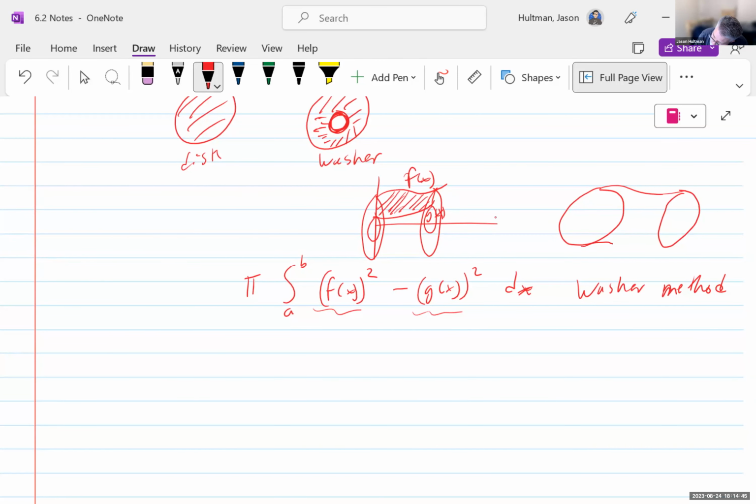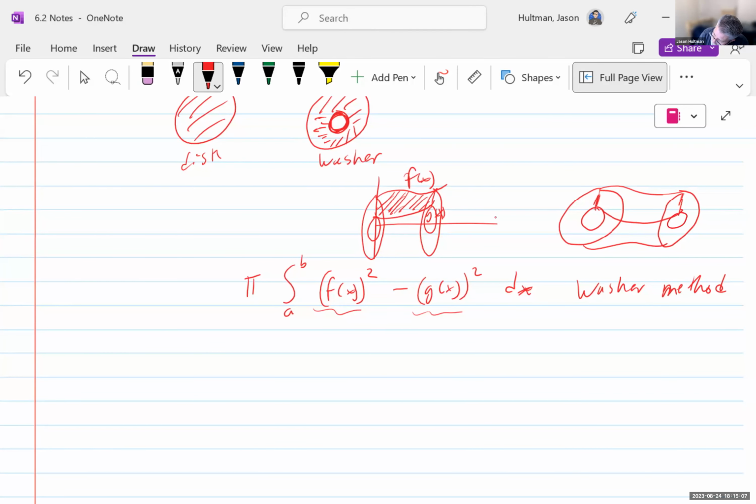And then we have another function. Maybe this function goes like so. So we end up like that.